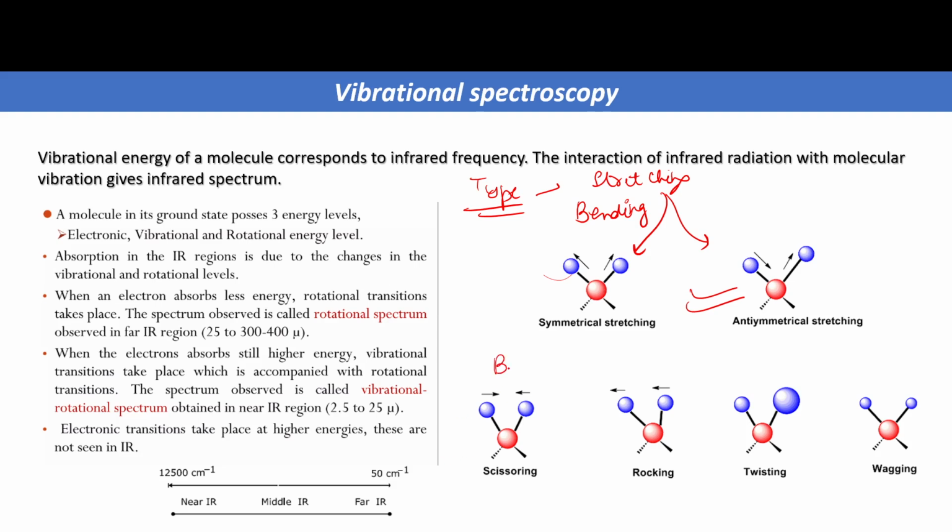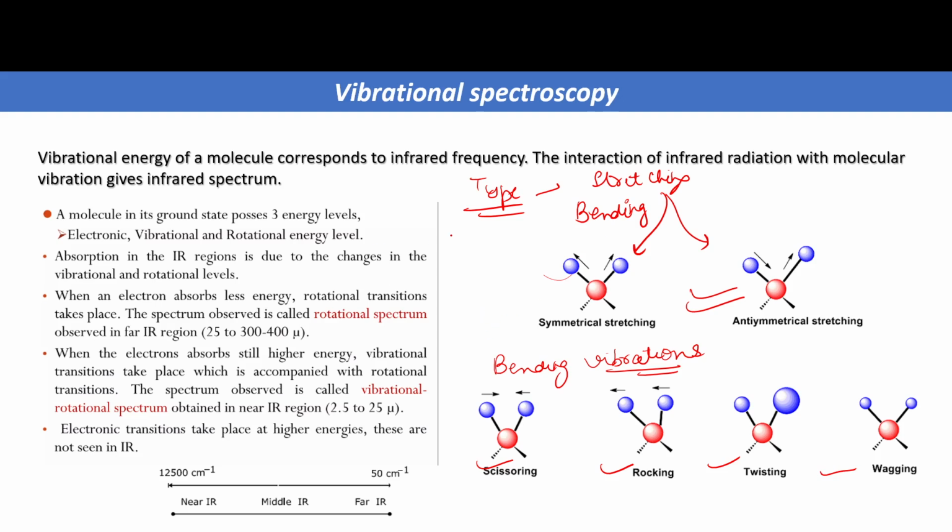For the bending vibrations, there are four types: scissoring, rocking, twisting, and wagging. So what is the difference between these types of bending vibrations?